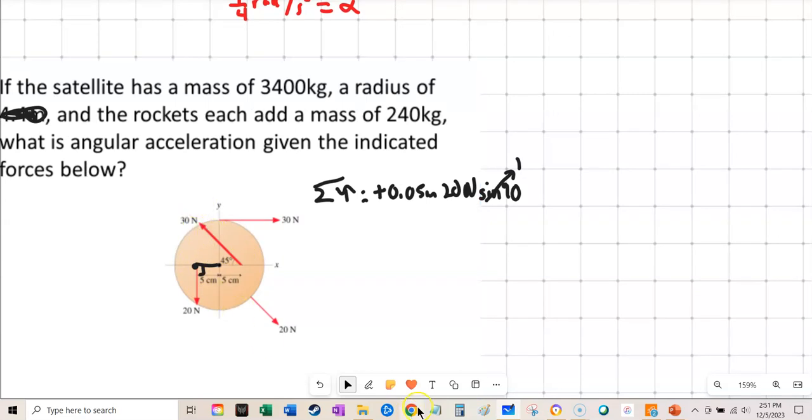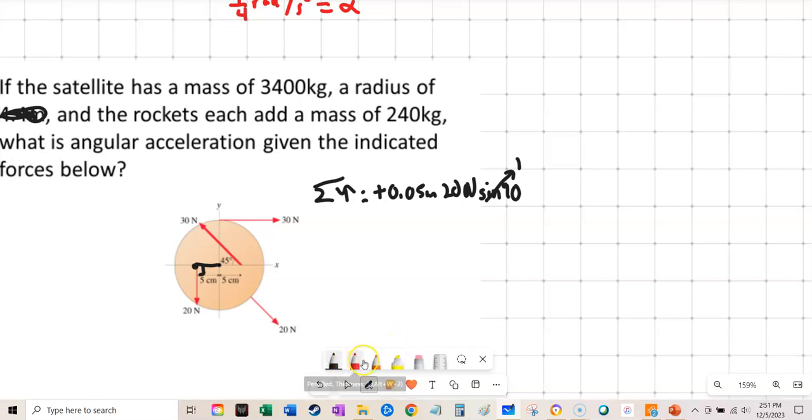Okay. Let's do this 30 newton rocket. I'm going to use red for that. So this is the red rocket right here. This rocket is also going to spin it counterclockwise, which is going to be a positive torque.